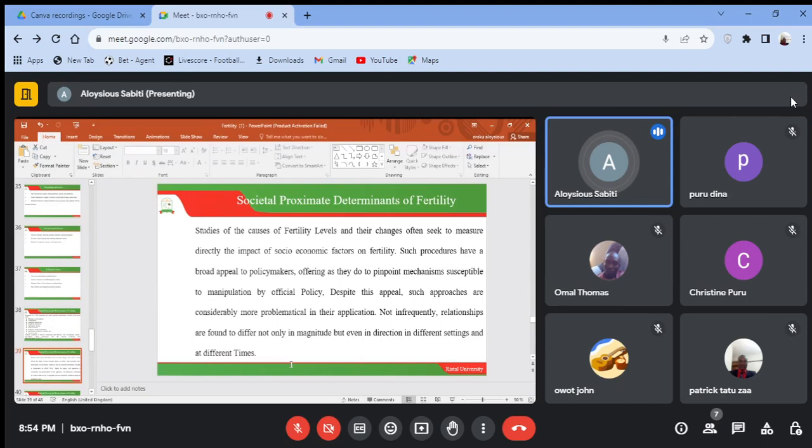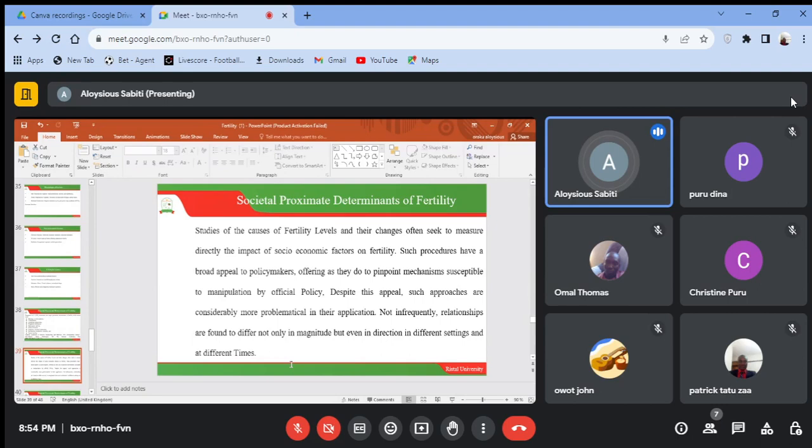Many researchers want to look at the socioeconomic factors broadly and state that they directly influence fertility. For example, the level of education of women is a socioeconomic indicator that is frequently found to be negatively related to fertility.